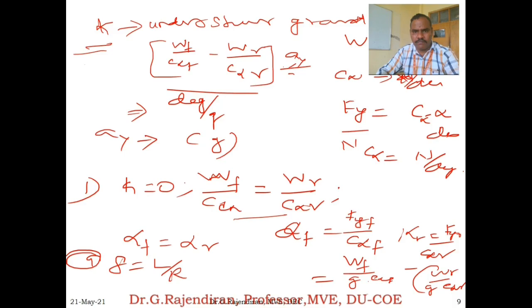L by R is called the Ackermann steer angle. Clear? It is irrespective of the vehicle speed. So this behavior of the vehicle is called neutral steer. Whatever the vehicle speed, clear?